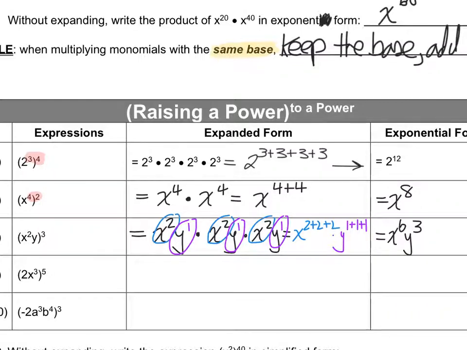So now I could write it as x to the 2 plus 2 plus 2 times y to the 1 plus 1 plus 1. And that bridges us to the final answer. Do we want to have to write stuff in a different order to come up with that relation? No. You just pick and choose the pieces of the product that you need.